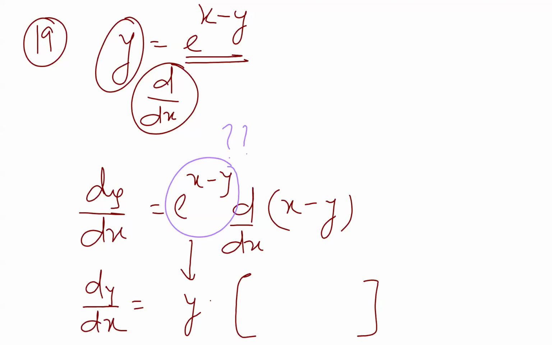So now the derivative of x is 1 over here, and the derivative of y is dy by dx. I'm going to open one bracket on the right hand side: y into 1 minus dy by dx, so y minus y dy by dx.